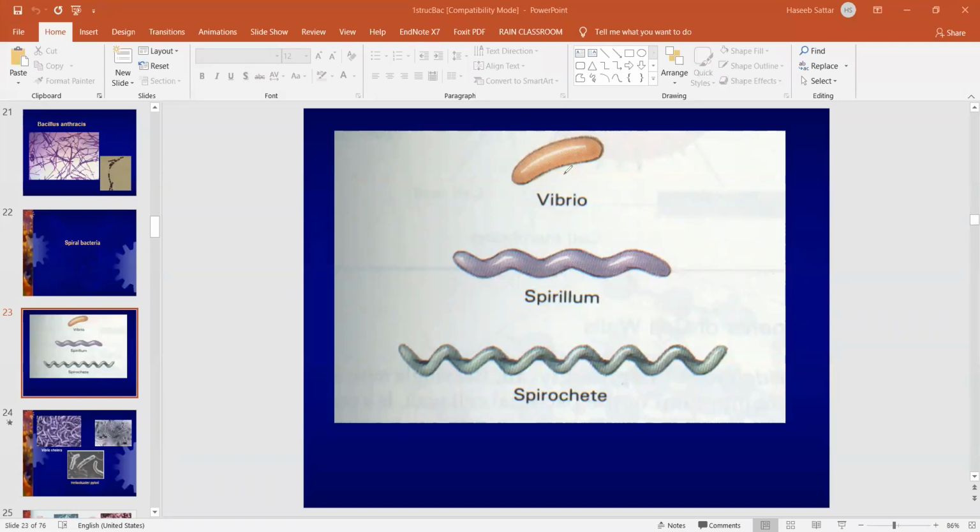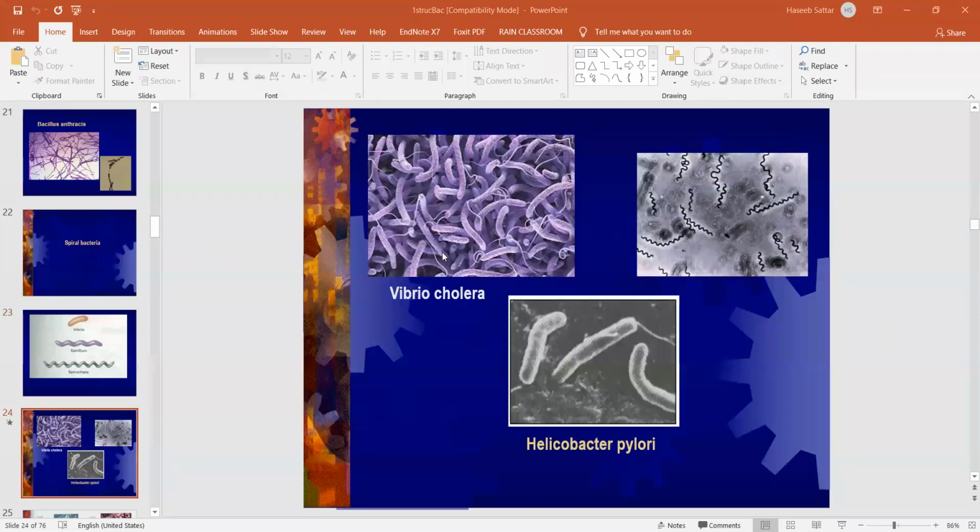Clinically or medically, Vibrio and spirochetes are the common forms of bacteria. Here, this is Vibrio cholera. Why do we call this Vibrio cholera? Because some of the bacteria are comma shaped like this. They have a curve, so that's why they call them Vibrio.